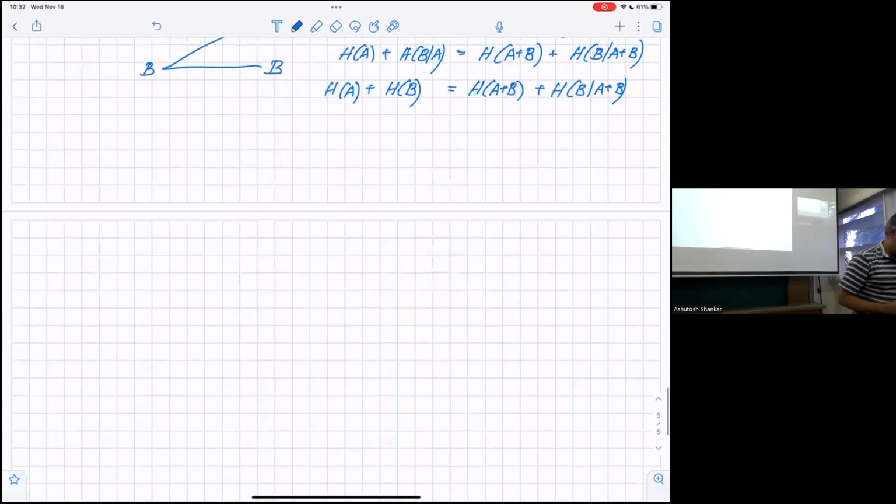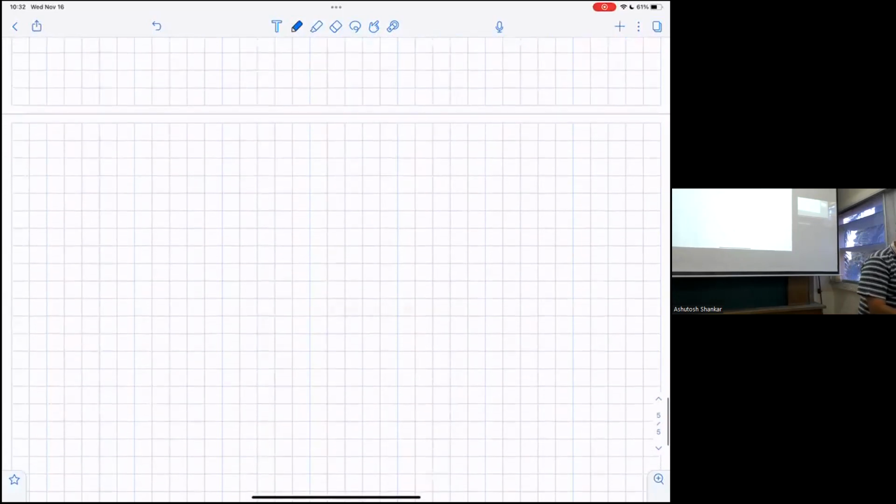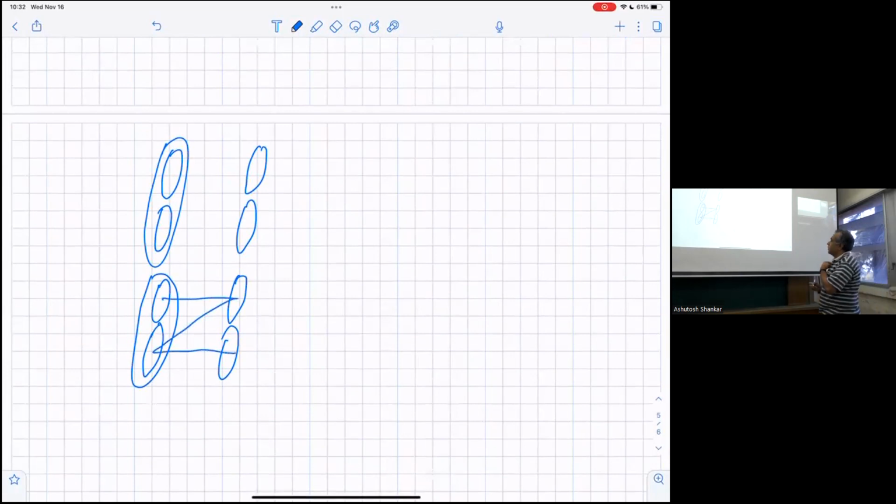Let's look at it a little more carefully. I want to say there's something more happening. So we have some process like this, and there was a Z happening here. Let's take a particular A here and a B here.